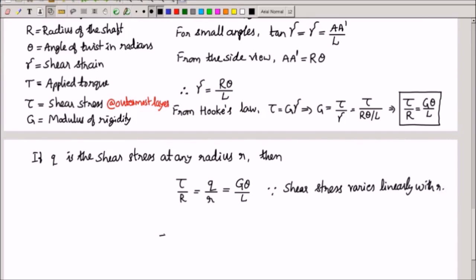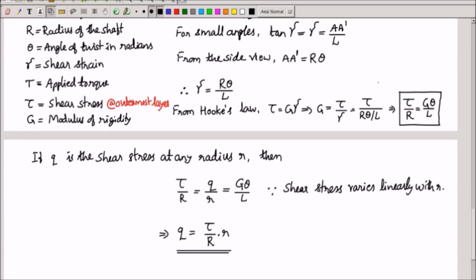And if you want only q, it can be written as tau by R into small r. Since shear stress varies linearly, I can find out shear stress at any radius r. Outermost fiber shear stress is tau, but at any other radius it is q, and that can be found out using this equation. This is one part of the derivation.